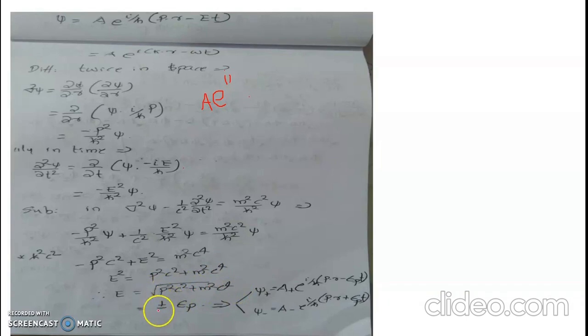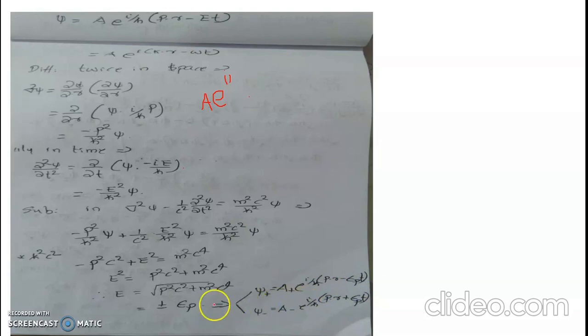And this can have a positive square root, also a negative square root. Let this magnitude, the square root of p²c² plus m²c⁴, be E_p. Then the energy is plus or minus E_p. The wave function can have two different choices. Corresponding to positive energy plus E_p, there can be a solution ψ₊ equal to A₊ e^(i/ħ (p·r − E_p t)), where the positive magnitude E_p is taken.